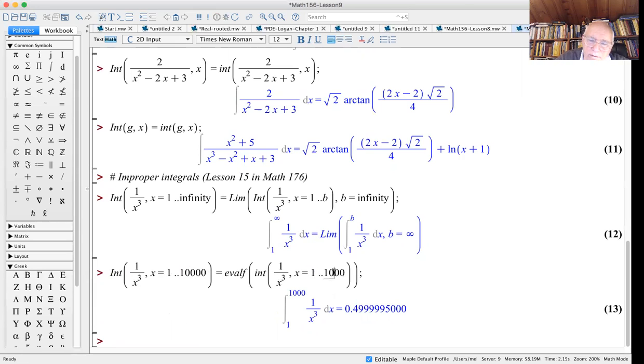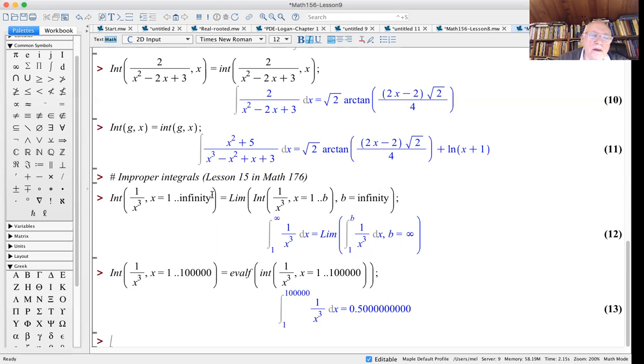We're going further and further out. Or even a number like 100,000. This is not exactly a half, but then you would take the limit.